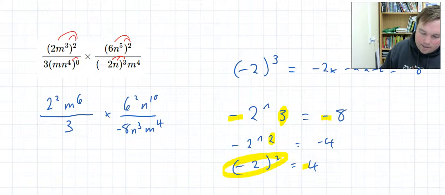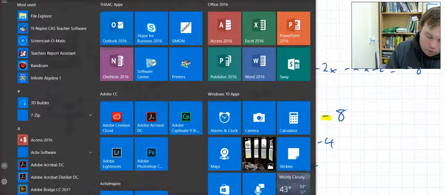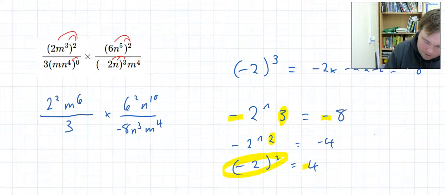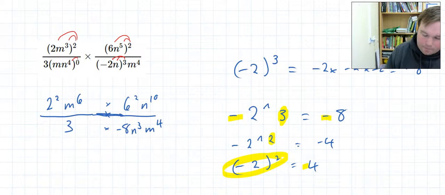Alright. Now, this multiply here really turns this into one gigantic fraction. We can almost think of this as one line across here with a little times on top and a times on the bottom, like that.